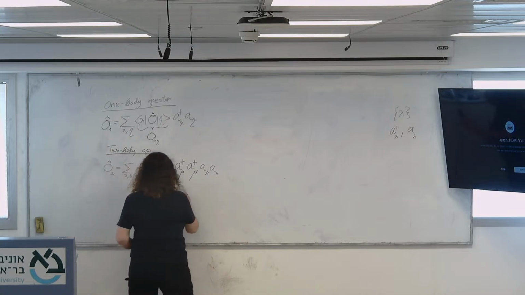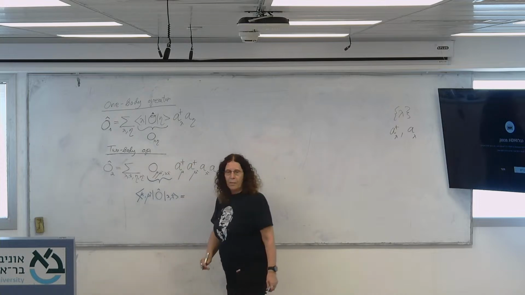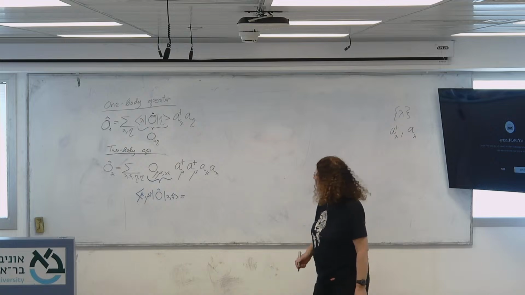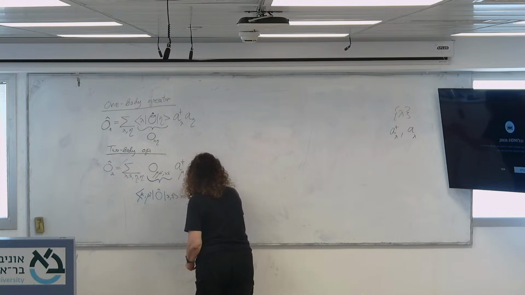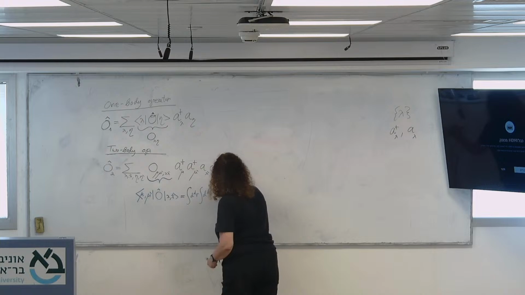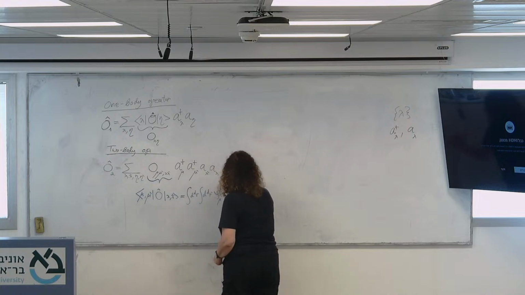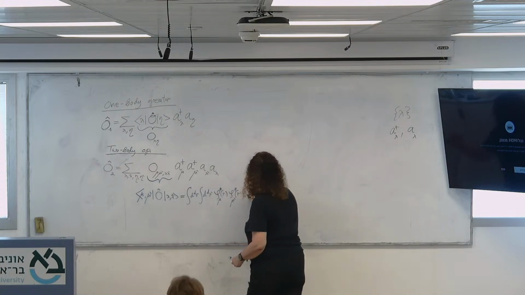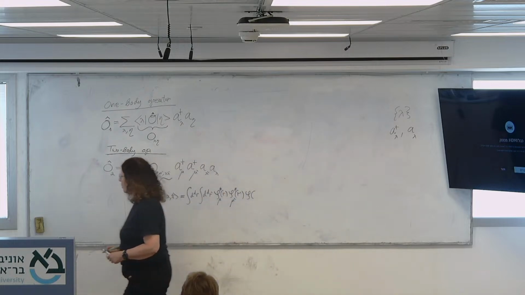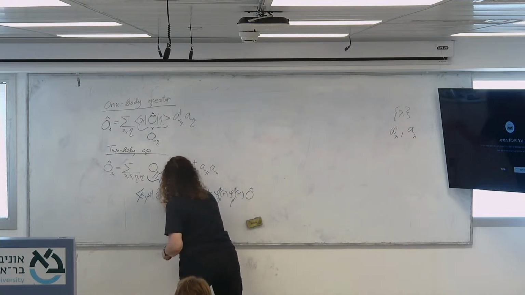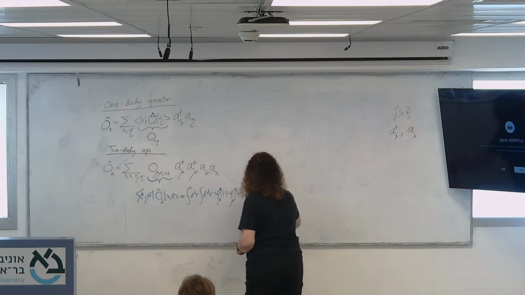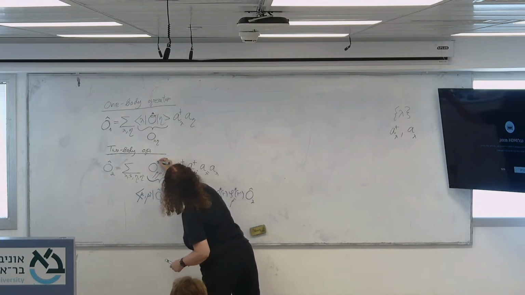Or if you want, you can write it in terms of single particle wave functions in real space as a double integral over R and R prime of phi mu R star, phi mu prime R prime star, then there is the operator, which I called O2.